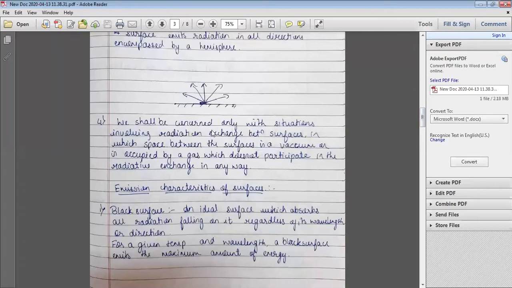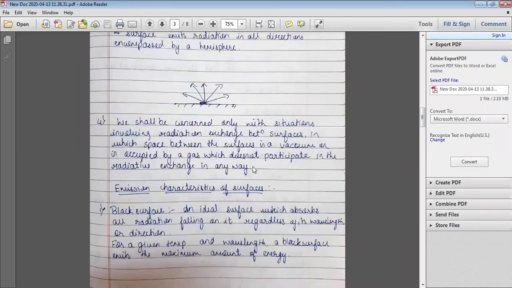So I repeat the fourth basic concept: we shall be concerned only with situations involving radiation exchange between surfaces in which the space between the surfaces is a vacuum or occupied by a gas which does not participate in the radiative exchange in any way.